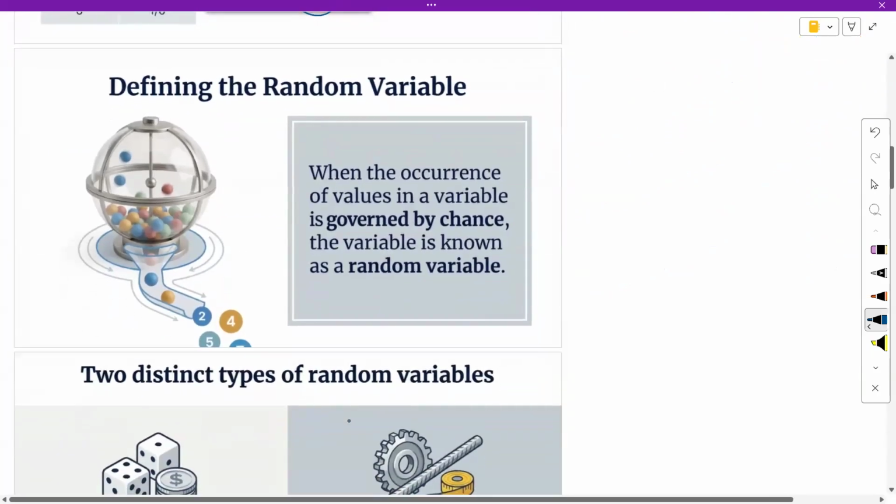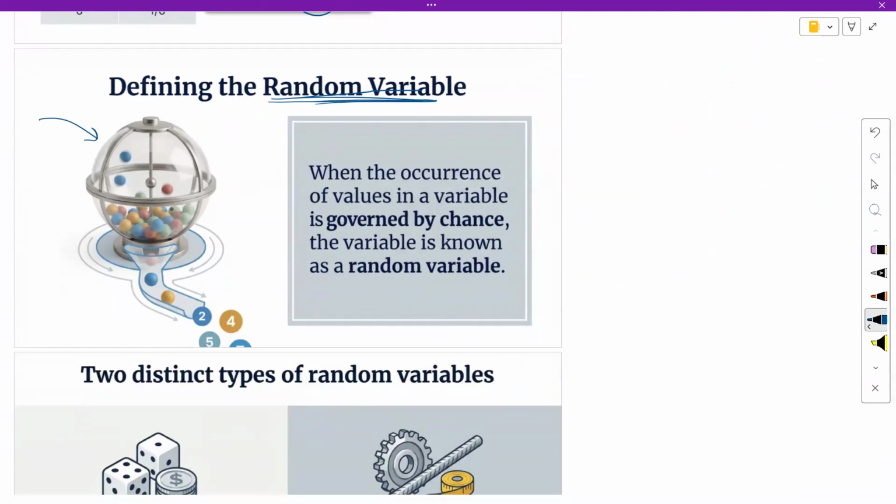Now let me introduce a new concept called random variable. You might experience this kind of trial experiment, and when we select a ball from this basket, we don't know what value we are going to get.